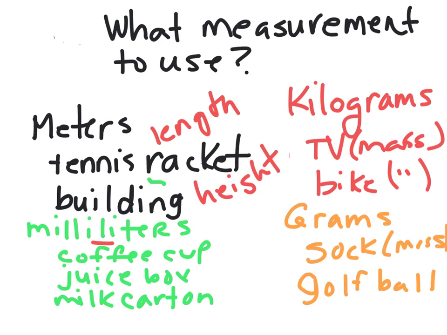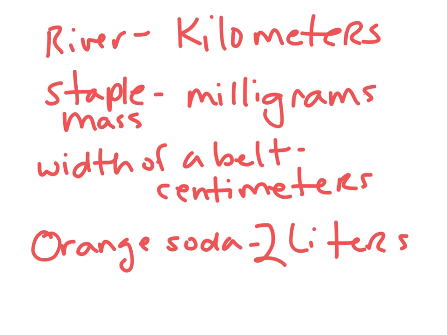If I was measuring something small, regular sized, like the mass of a sock or a golf ball, I would just use grams. That would be so many grams. So some other things, if I was measuring a river, I would use kilometers. The mass of a teeny staple is going to be milligrams.